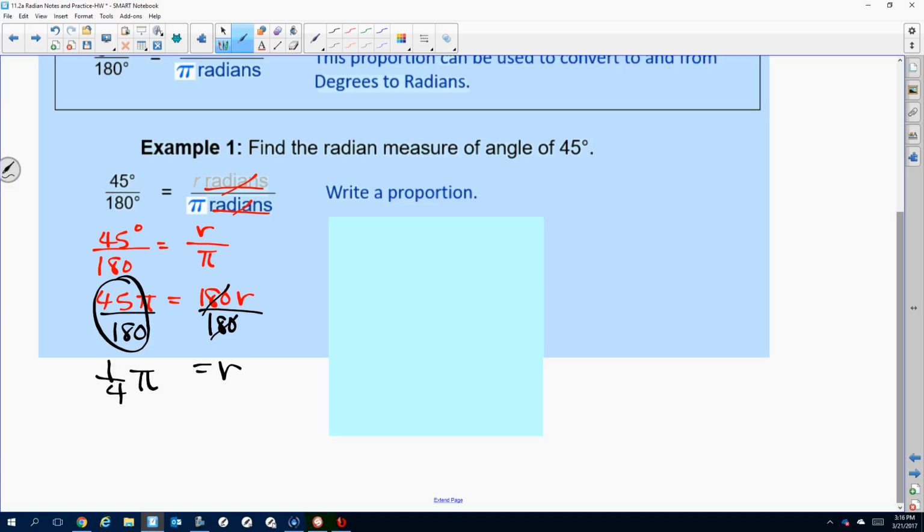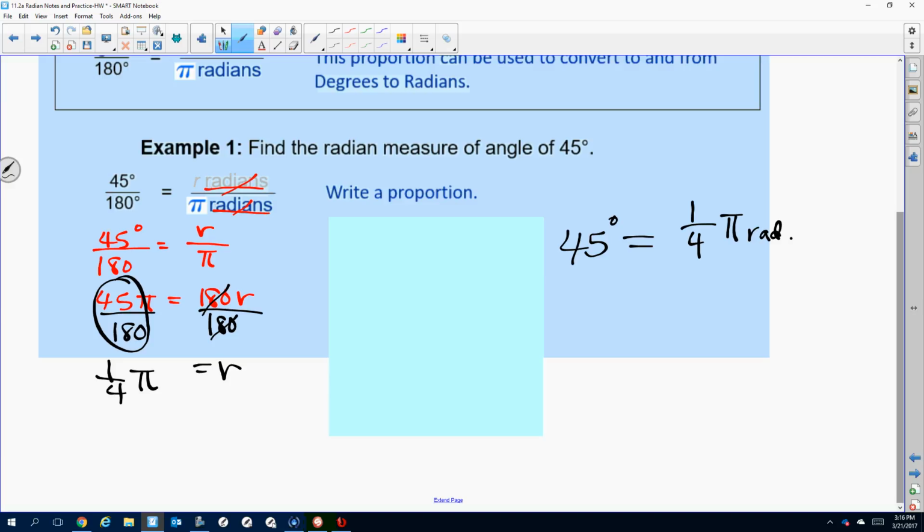We keep the pi, because radians is in terms of pi. So if I'm converting 45 degrees into radians, that is equivalent to 1/4 pi radians. And I'm just going to abbreviate that. 1/4 pi radians.